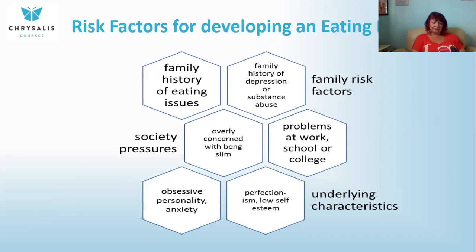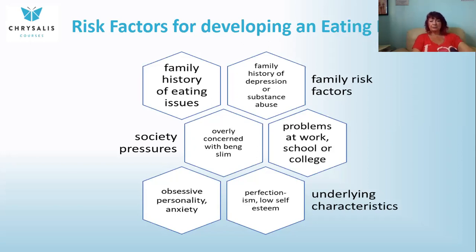And difficult relationships, so society pressures as well. Stressful situations and problems at work or school or university, problems with other people and the things we do in society can also be risk factors.